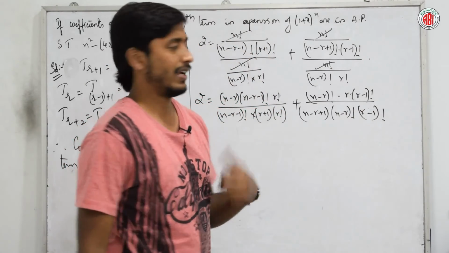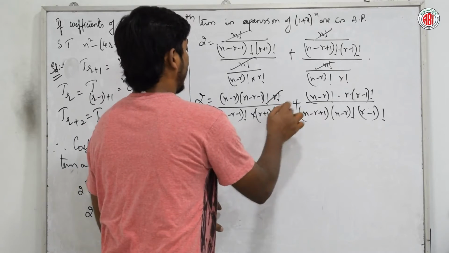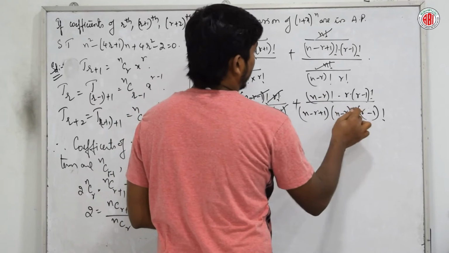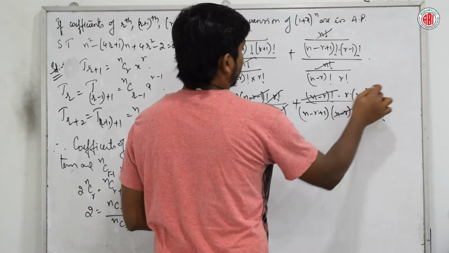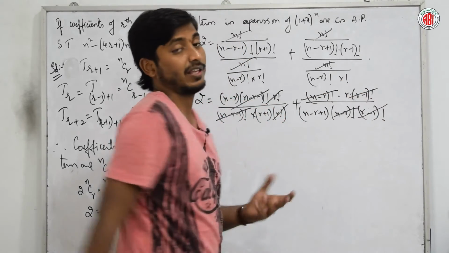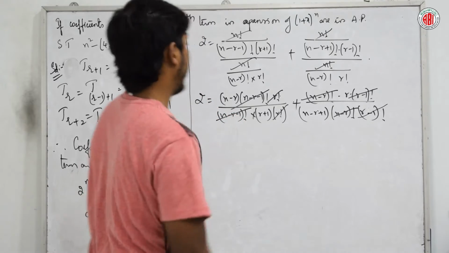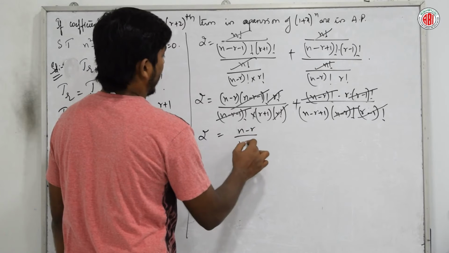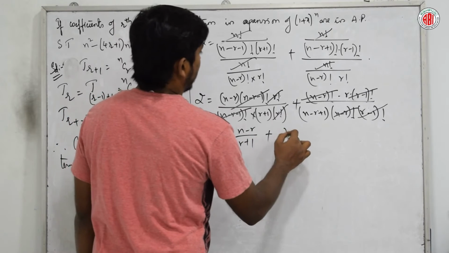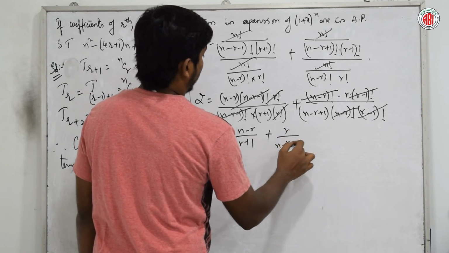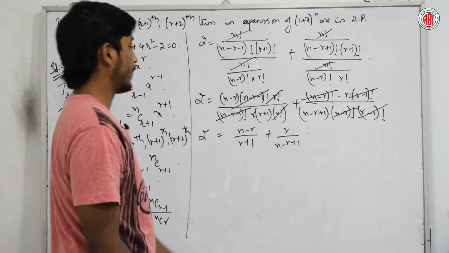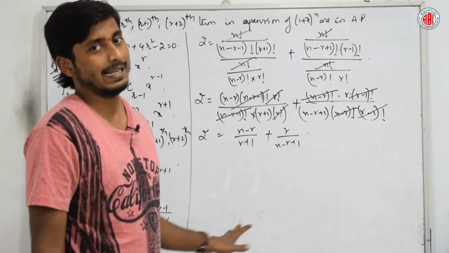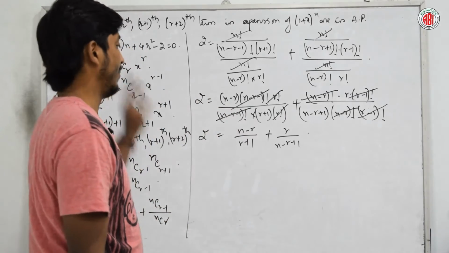Now let us cancel what are getting cancelled here. r, n minus r minus 1, n minus r minus 1. And here n minus r, r minus 1, r minus 1, everything got cancelled. So what is left? 2 is equal to (n minus r) by (r plus 1) plus r by (n minus r plus 1). Now let us cross multiply, LCM, do everything, simplify.